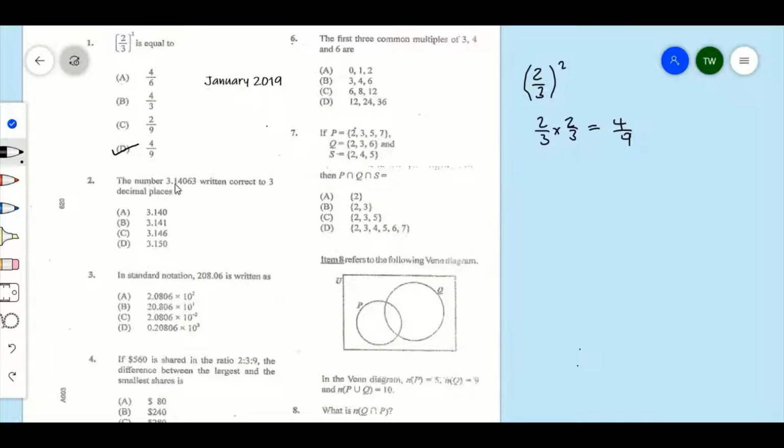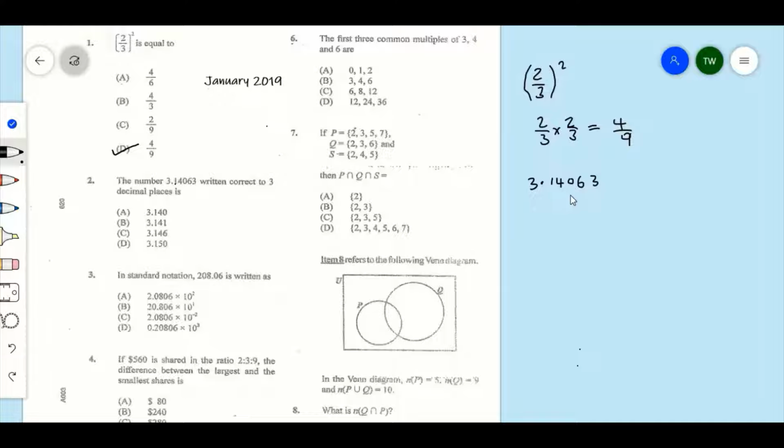The number 3.14063 written correct to 3 decimal places is, now you are given the number 3.14063, and you are asked to round off this number to 3 decimal places.